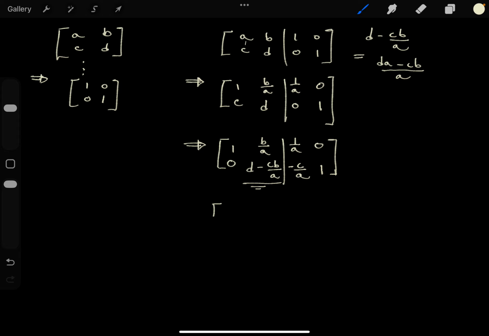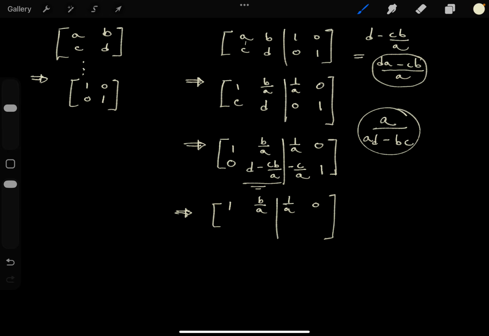So I'm going to multiply the bottom row by the reciprocal of this, which is A over AD minus BC.